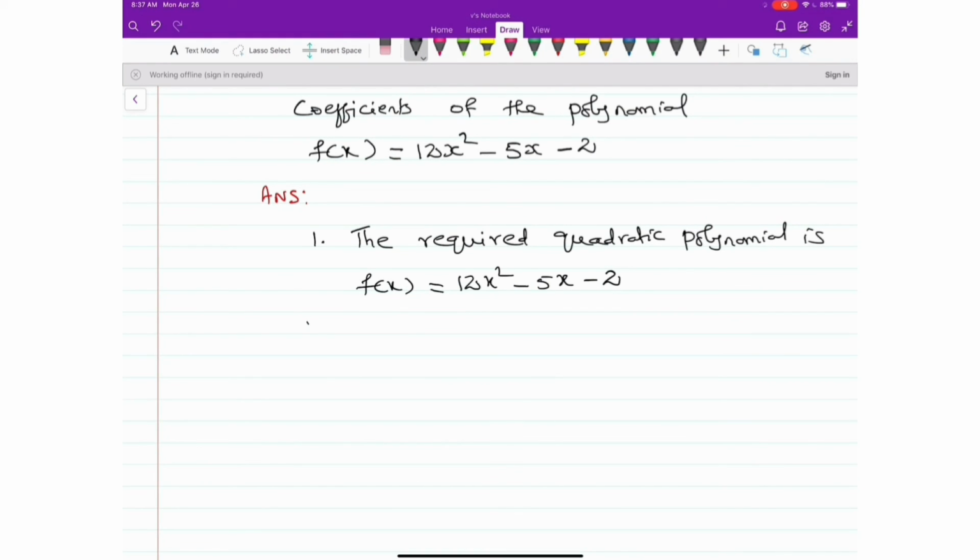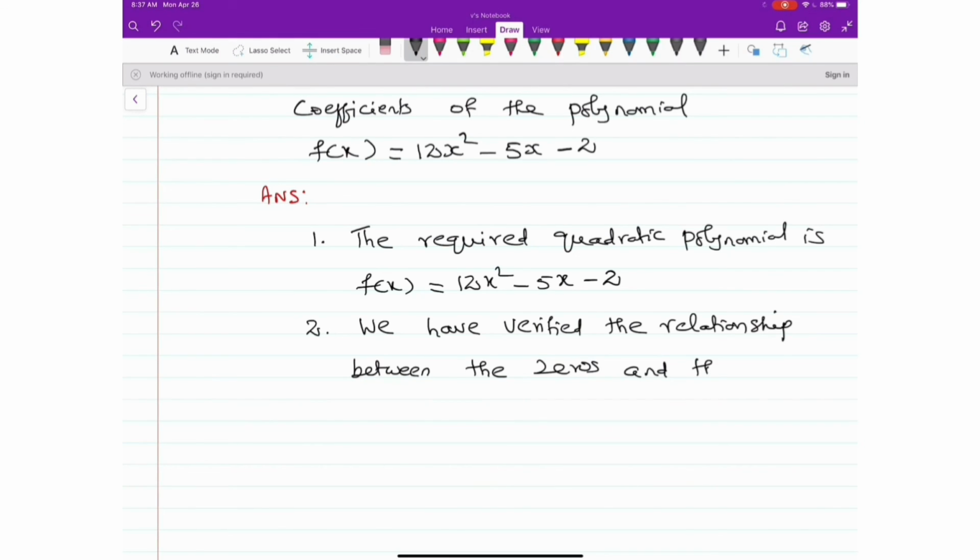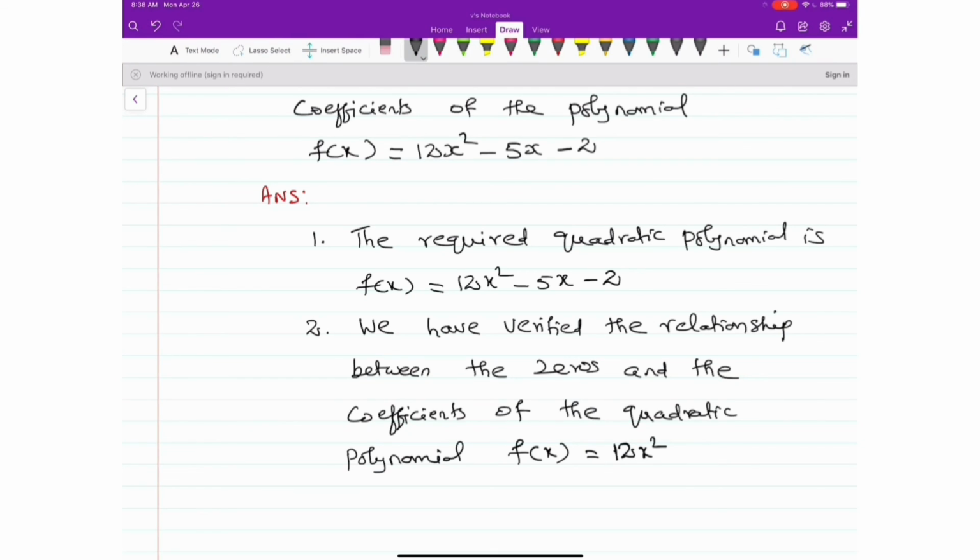The second part answer, we have verified the relationship between the zeros and the coefficients of the quadratic polynomial f of x is equal to 12x square minus 5x minus 2.